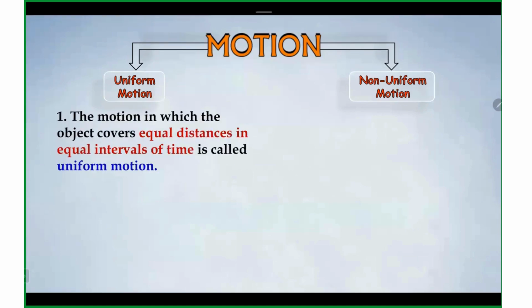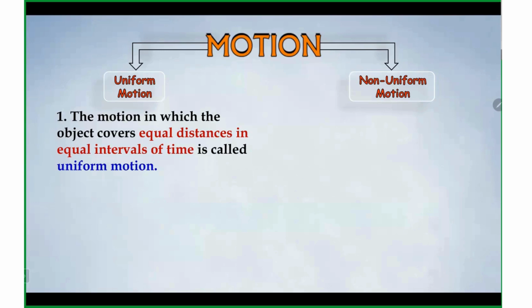What is uniform motion? It's a motion in which an object covers equal distances in equal intervals of time. This type of motion is called uniform motion. So when I say equal distances in equal intervals of time, don't you think speed is equal to distance over time?